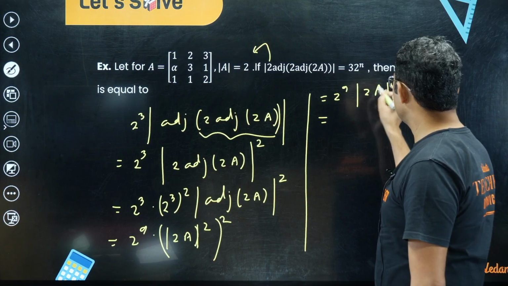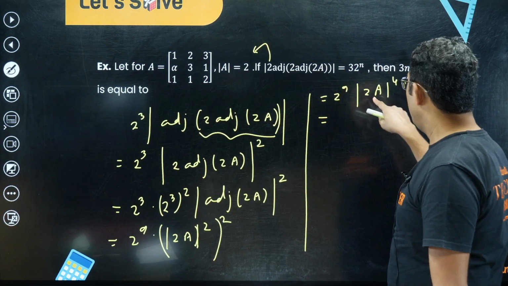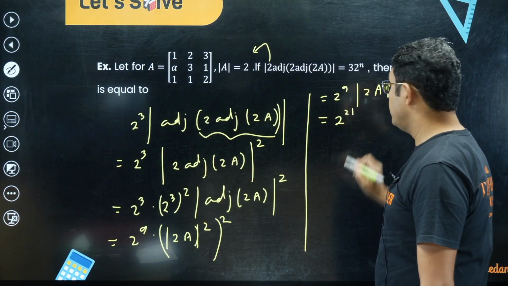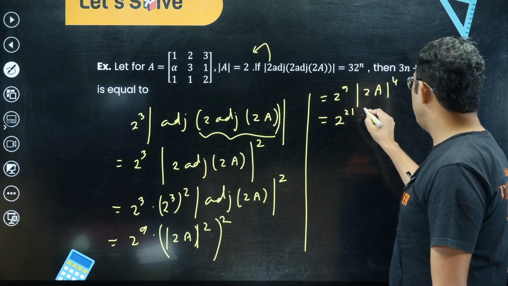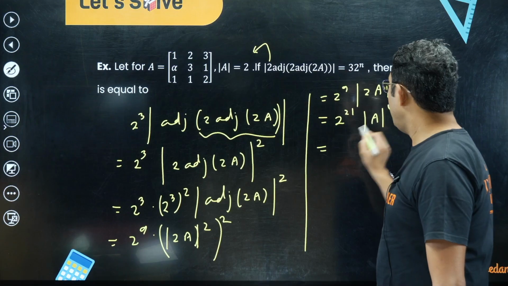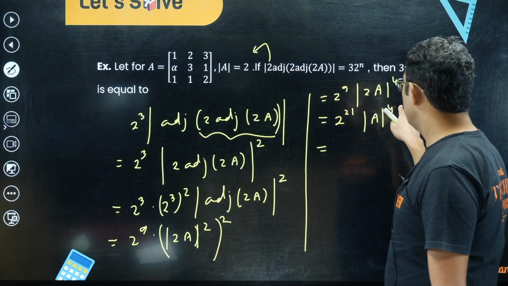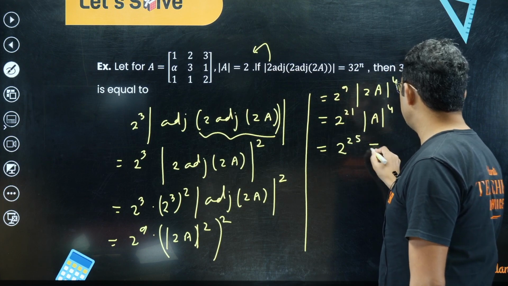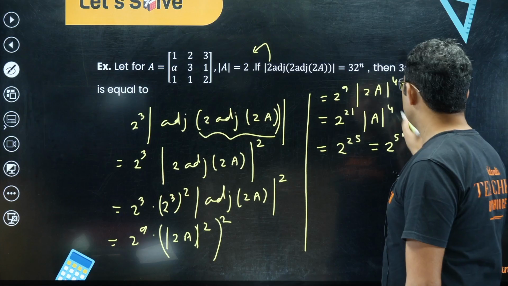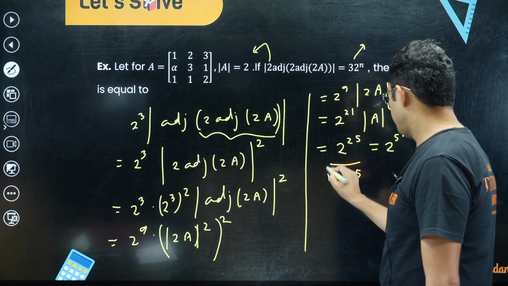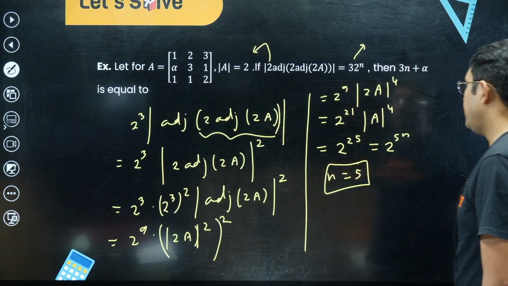So I will take 2 power 3 out, and then power 4, so 2 power 12 will be outside, so 2 power 21, 9 plus 12 is 21, and A power 4, and the determinant of A is 2, so 2 power 4 and 2 power 21, so it becomes 2 power 25, and we are given this as 2 power 5n. 32 is 2 power 5, so the value of n will be 5.